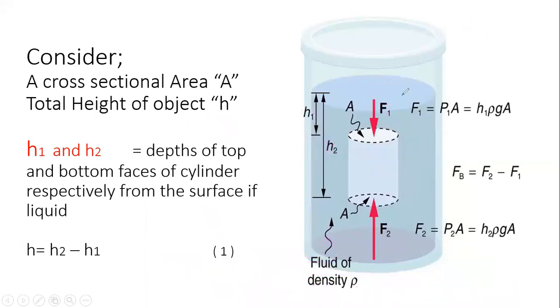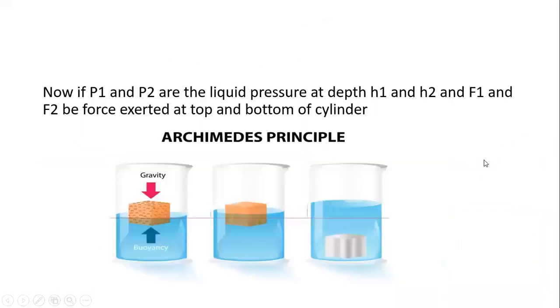Now we have to find the value of the upthrust force. So for P1 and P2, both directions are the same, and we have to find F1 and F2.